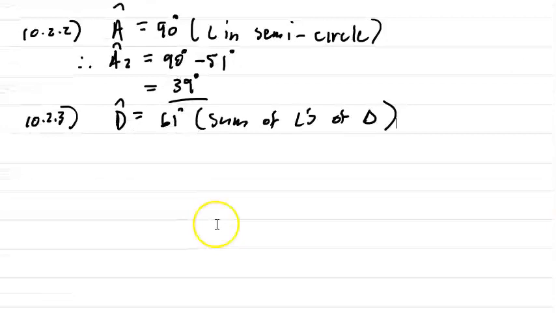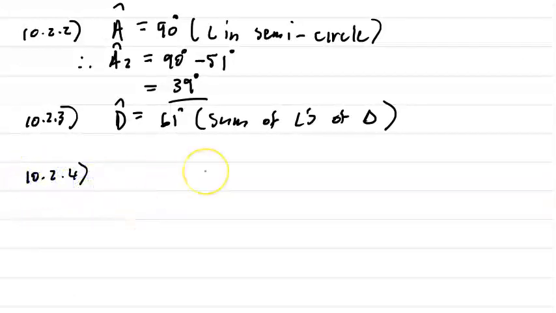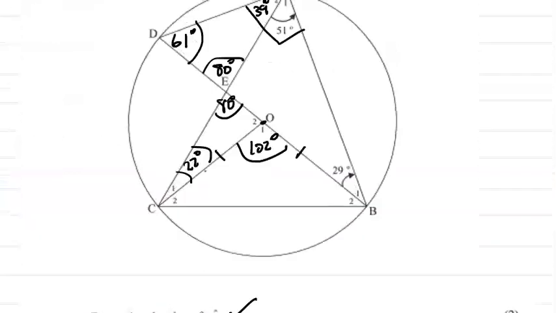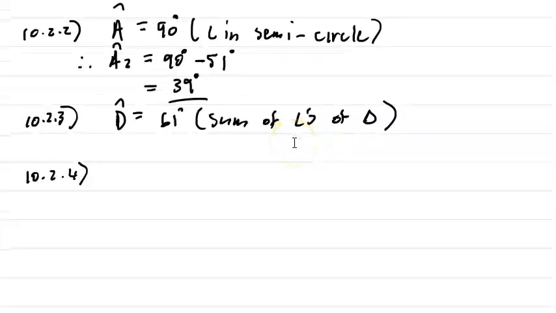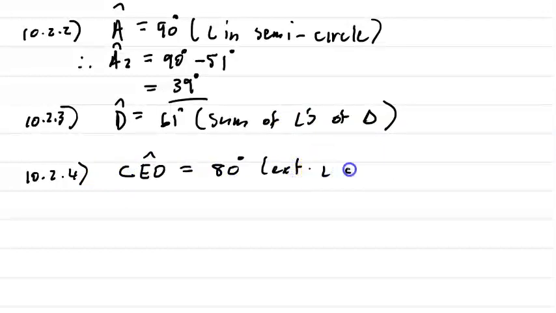Okay, so let's go with that solution. So 10.2.4. I'm going to write down CEO equals 80 degrees, exterior angle of triangle.